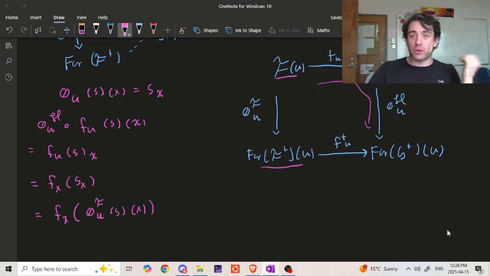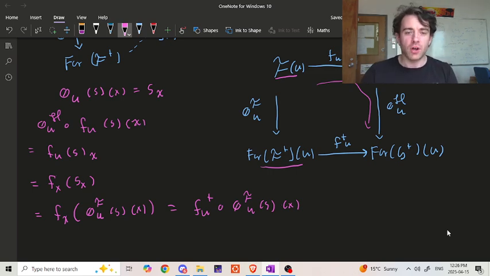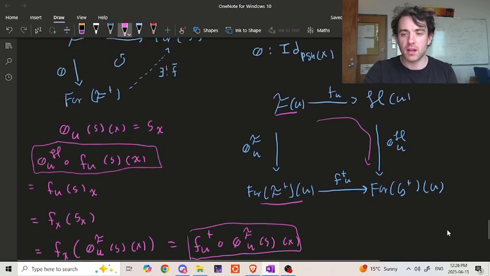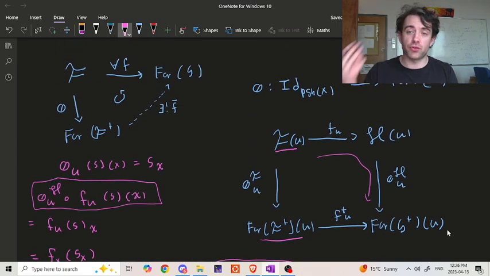And so lastly, but not leastly, this is exactly f_U plus composed with theta_F,U S evaluated at the point x. So we have checked that both ways of going around the square, these functions agree at every single point, and therefore the diagram does in fact commute.